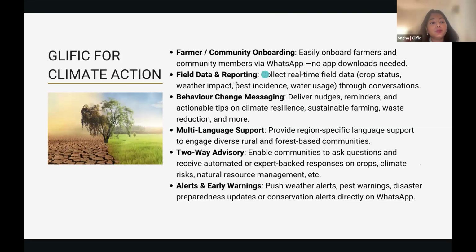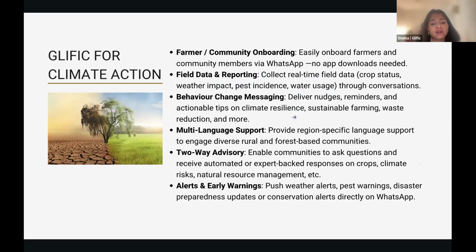Okay. You can use a WhatsApp chatbot for field and data reporting. So basically, collect real time field data, crop status, weather impact, and water usage through conversations. You can also look at behavior change messaging, basically, deliver nudges, reminders, actionable tips on climate resilience, waste reduction, and more.